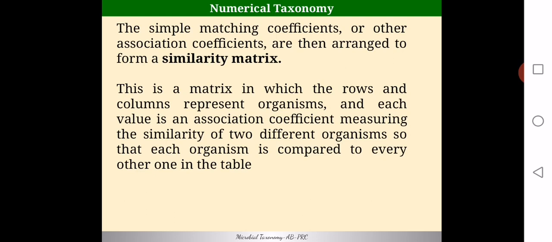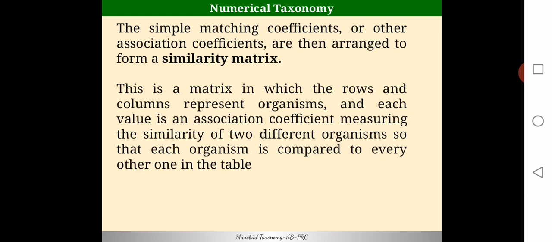In a similarity matrix, the rows and columns represent organisms.